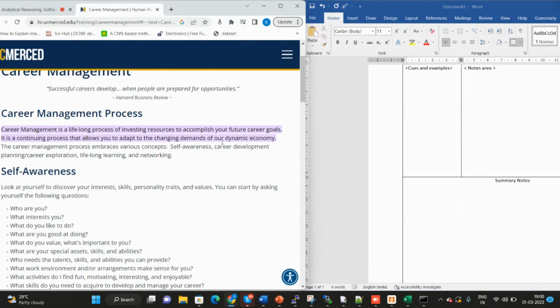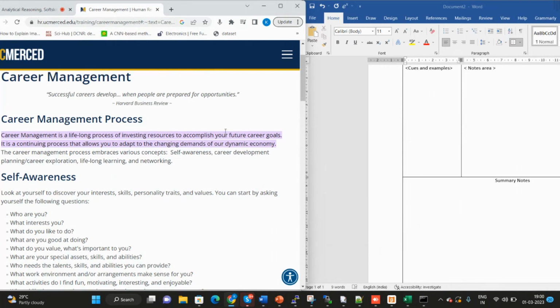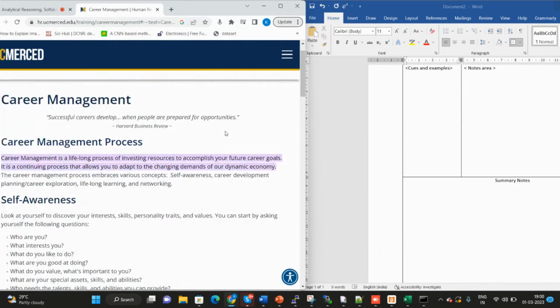Wherever you tell me to stop and write notes, I will stop. So we are going to read about the concept of career management. This is a very important concept for everyone. So please listen. Successful careers develop when people are prepared for opportunities. Career management process. Career management is a lifelong process of investing resources to accomplish your future career goals.